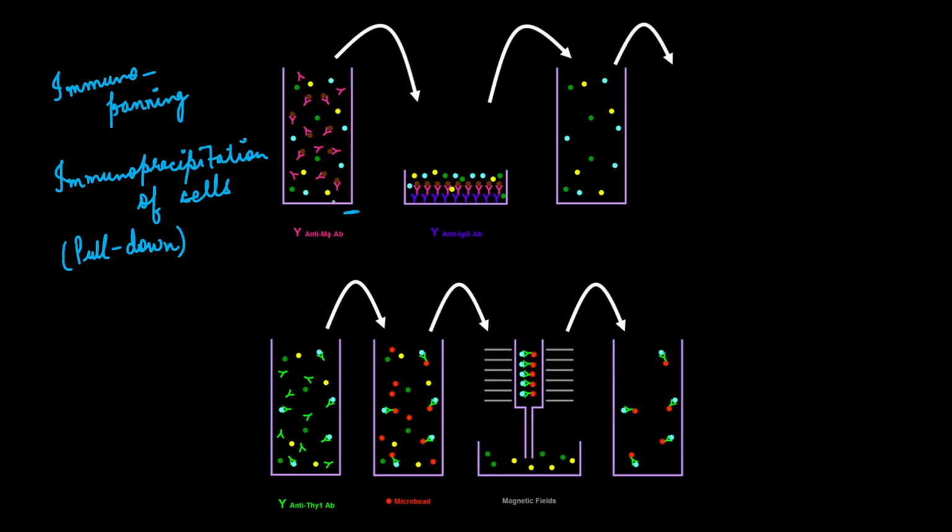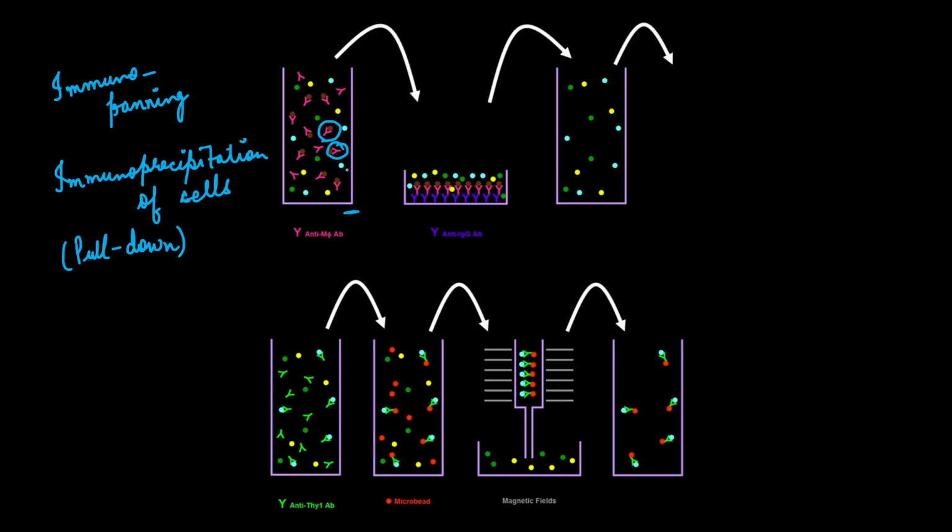Why immunoprecipitation? Because this specific antigen antibody reaction is involved. Here in this diagram we have a mixture of cells, green, blue, yellow, and we have these specific kinds of antibodies. These are going to pull down only one specific kind of cells.